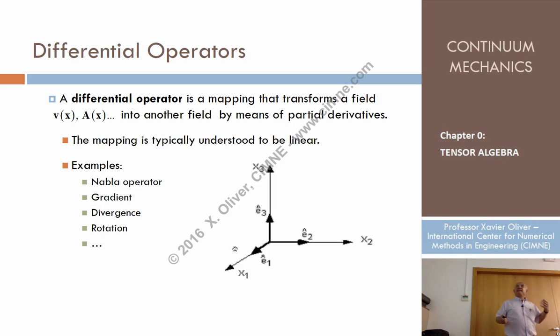These types of derivatives are indicated by what we call differential operators. So differential operators are just a way to take derivatives on tensor fields. And there are a number of them. I will mention some that we will see very commonly here: gradient, divergence, rotation, and there are others.